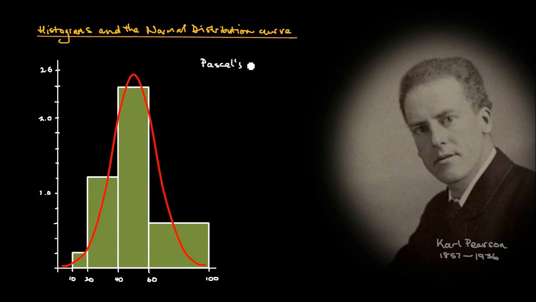So Pascal's triangle we may have come across before, but it's a very useful tool for drawing normal distribution curves. And the numbers in Pascal's triangle are what I've used here to get the height of my bins, and then once I've plotted the heights on my diagram, I then draw those points together to get my normal distribution curve.